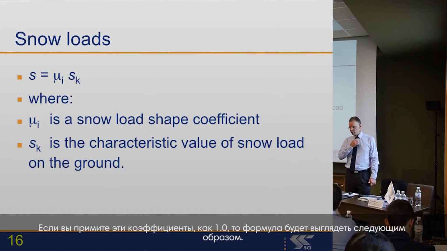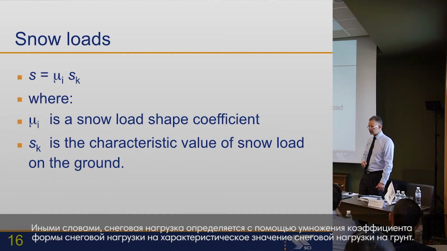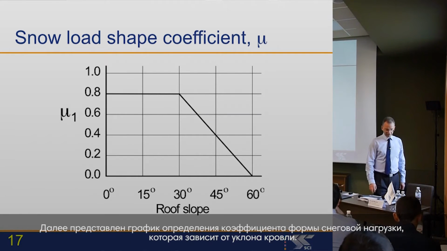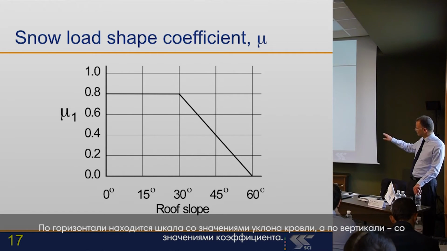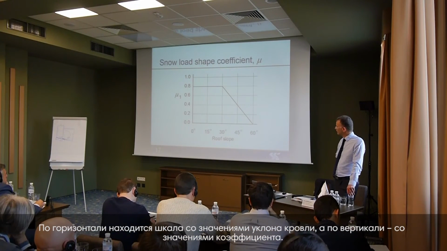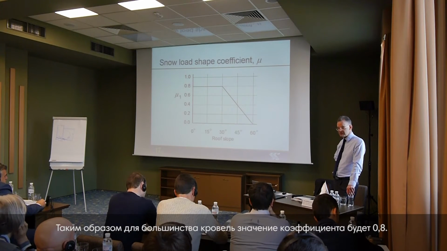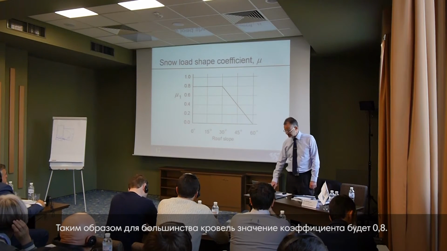If you do set them to be 1.0, then perhaps that would be familiar to you, that the load is equal to a coefficient to do with the shape multiplied by the snow load on the ground. And here is the coefficient, and you will see that it's to do with the roof slope. Along the bottom of this figure we've got the roof slope, and on the left hand side we've got the coefficients. So for very many roof slopes the coefficient will be 0.8.